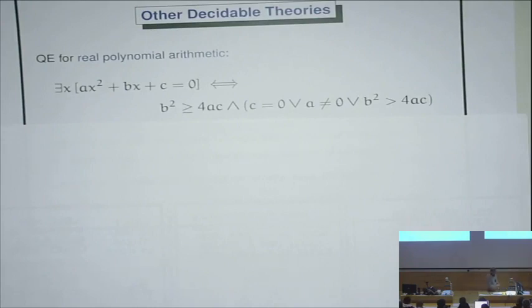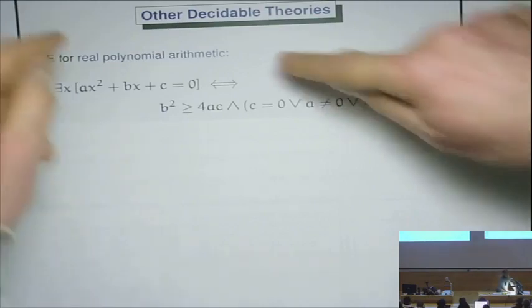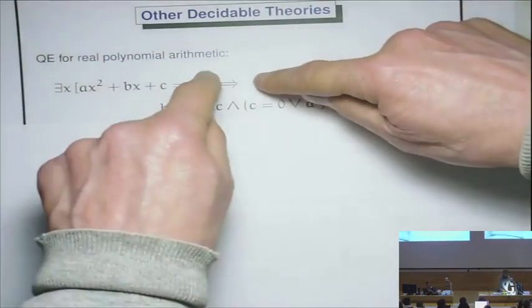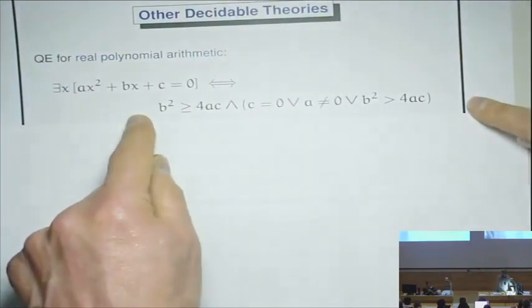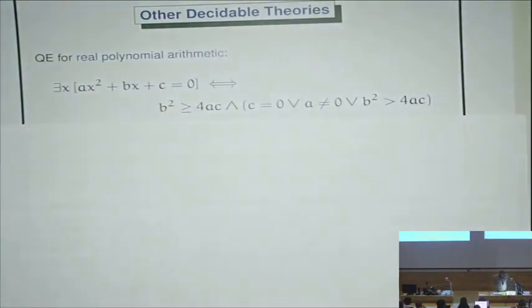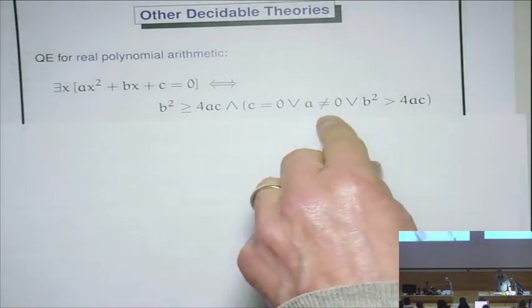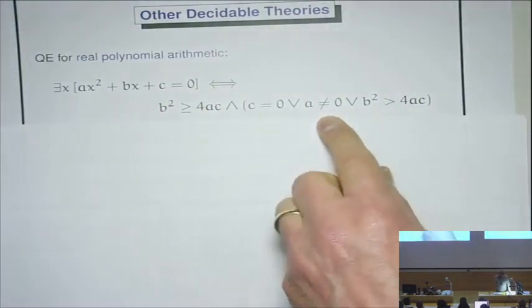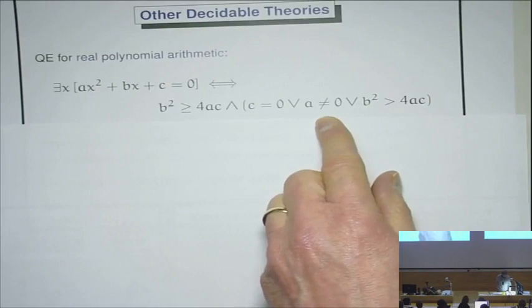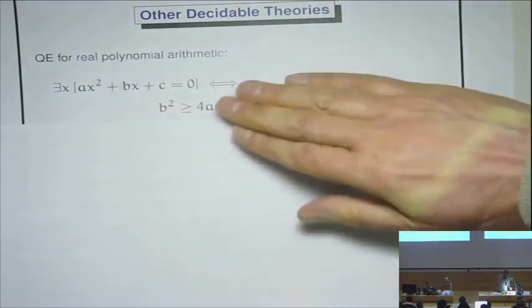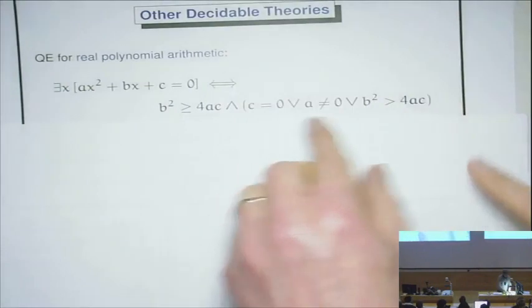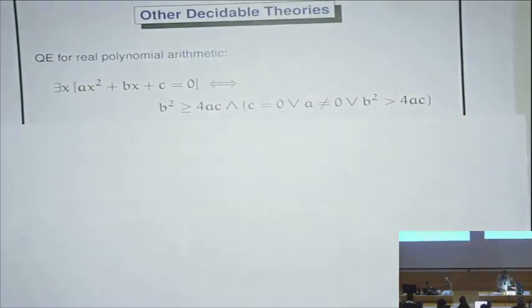But this is in fact the exact necessary and sufficient conditions for the quadratic equation to have a solution, which includes, by the way, why is A non-zero there? So if A is 0, it's not a quadratic equation at all. So you can check not only the obvious thing you expect, which is this, but why it has these other things as well.